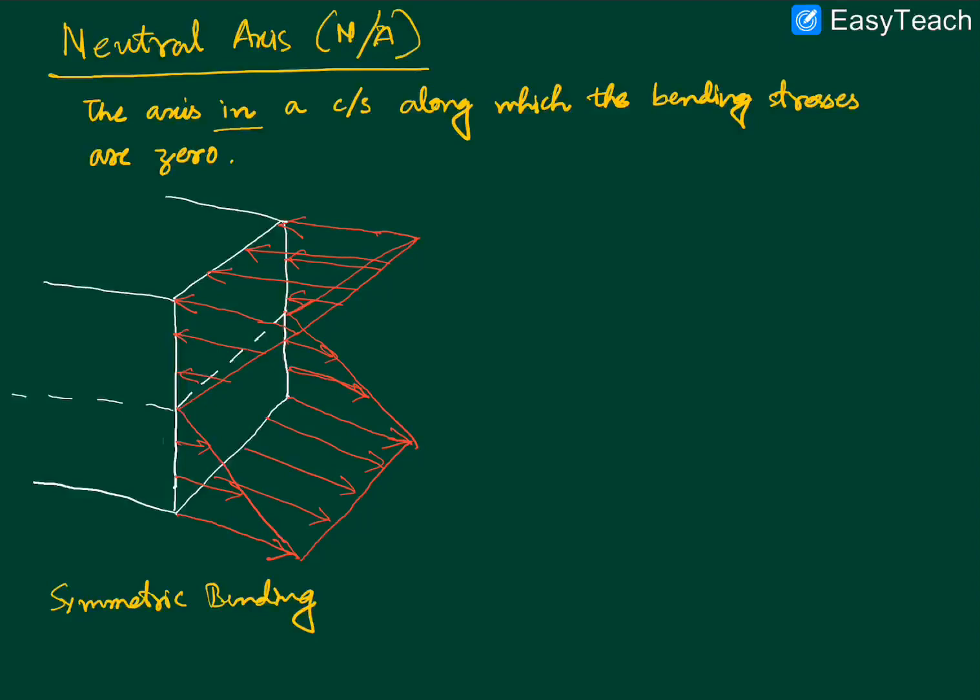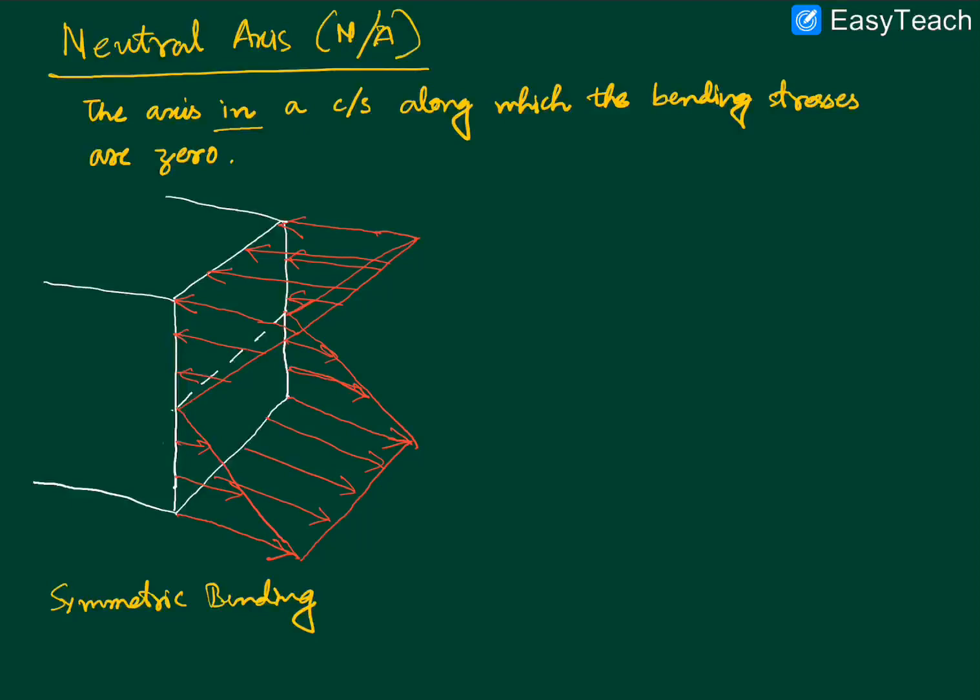But that is wrong. I don't want to consider that as my neutral axis. So I'll remove this dashed line. This dashed line that is within the cross section, that is my neutral axis.